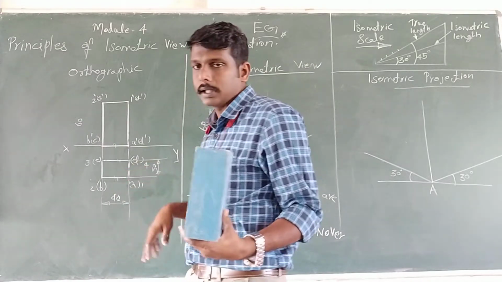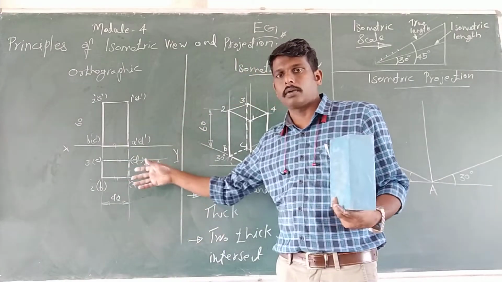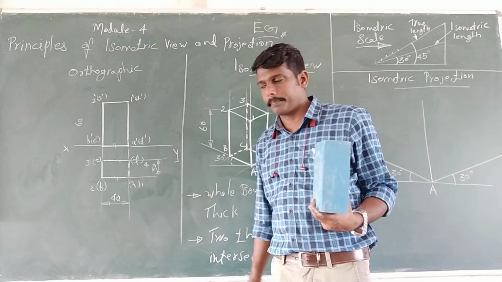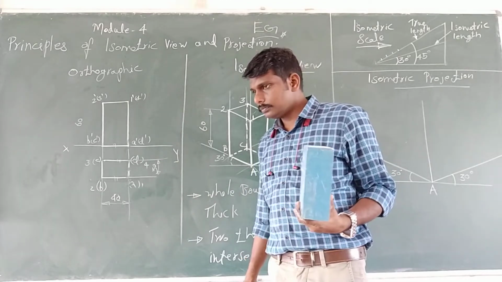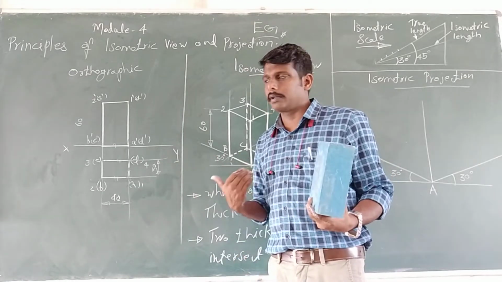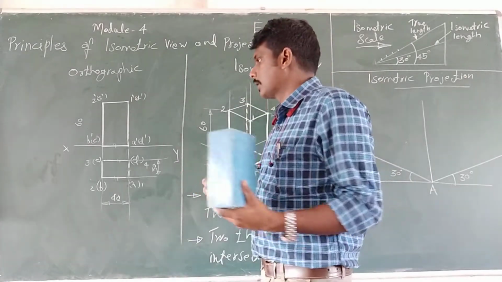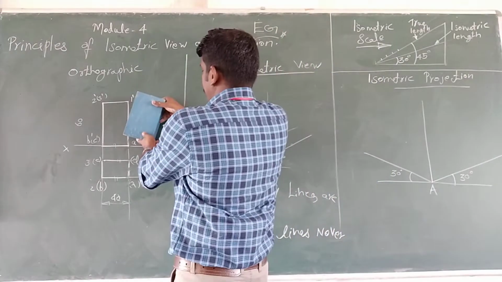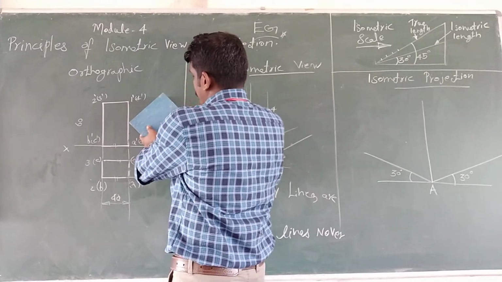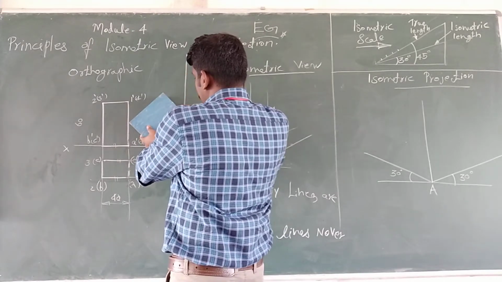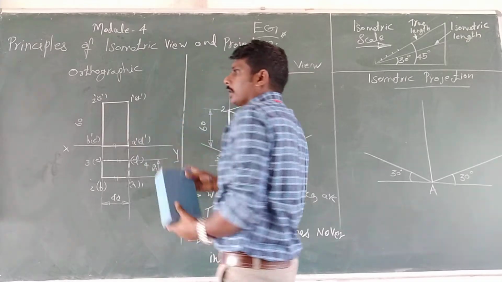So 40 and 80 are visible in true length itself. But in the solids we are discussing, or the lines, if the line is inclined to HP, then the true length will not be seen on the top view.